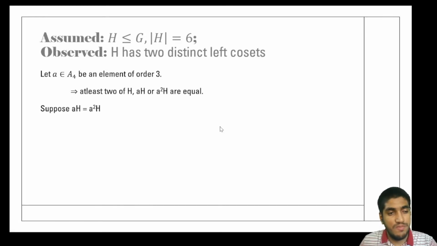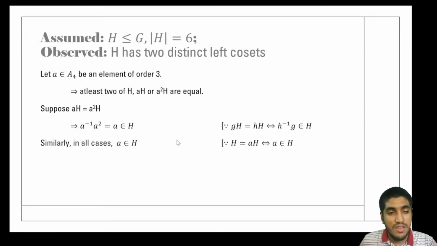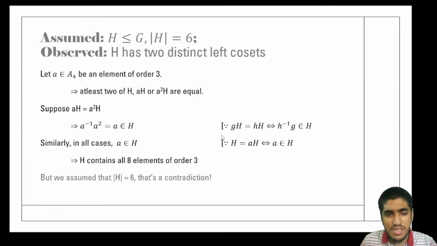If aH is equal to a squared H, we can conclude that H is equal to aH, or a is in H. In all possible cases, that is, if either H is equal to aH or aH is equal to a squared H or a squared H is equal to H, a is in H. That is, pick any element of order 3 and it is in H. But wait, didn't we say that there are 8 such elements?